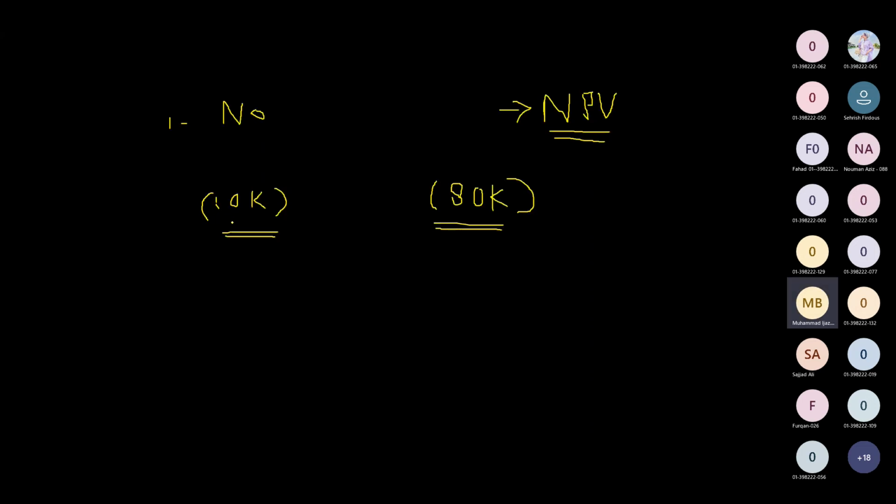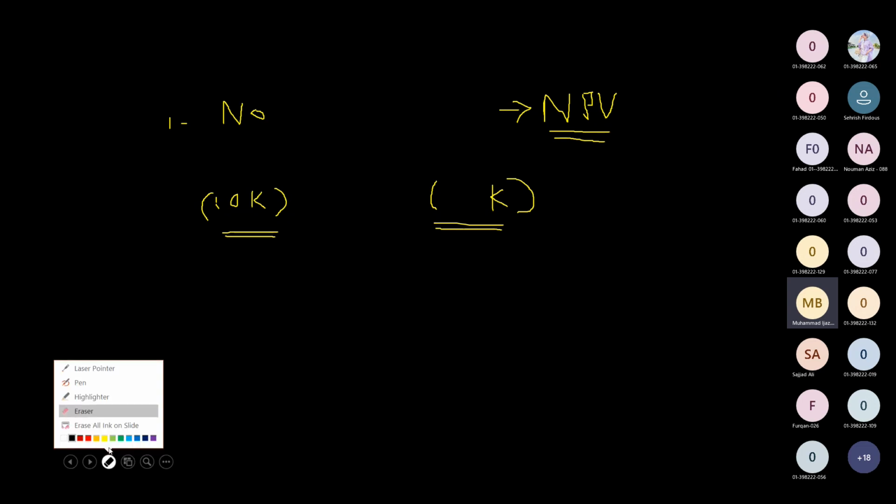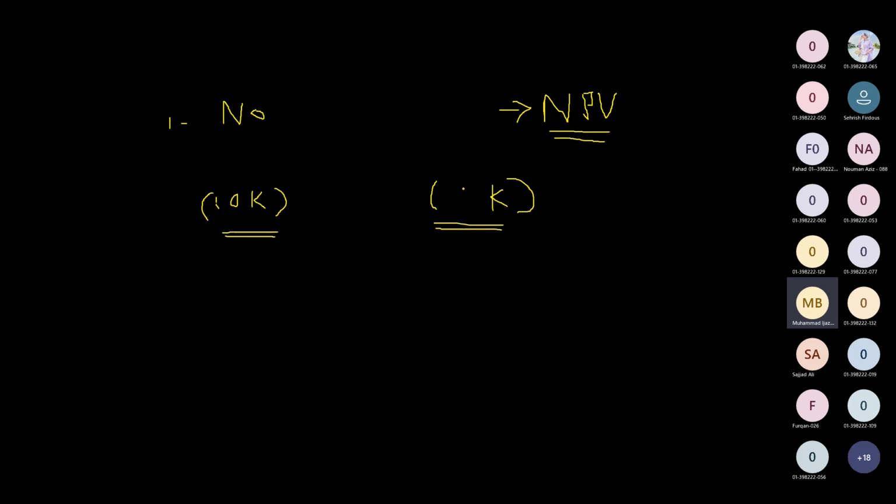But if the difference in the two investments is not too big, in that case, generally we say that okay, fine, the difference in the investment is not that big. So whichever project is giving us more, let's invest in that. Let's say this is 12,000, so here the difference is not too big, correct?